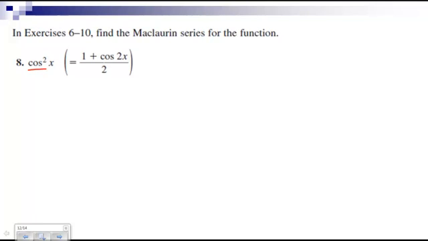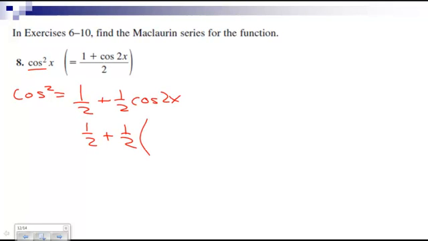What is cosine squared? Well, cosine squared is equal to 1/2 plus 1/2 cosine 2x. So what I can say is it's 1/2 plus 1/2 times the Taylor series expansion for cosine 2x.